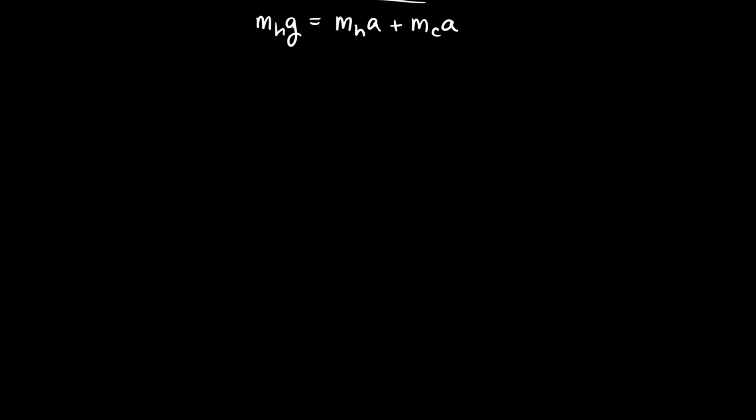Now, I want to stop right here to remind you of something I said earlier today, that when you're doing problems like this, there should always be a point where you reach net force equals mass times acceleration. The external force here was the mass that was hung.